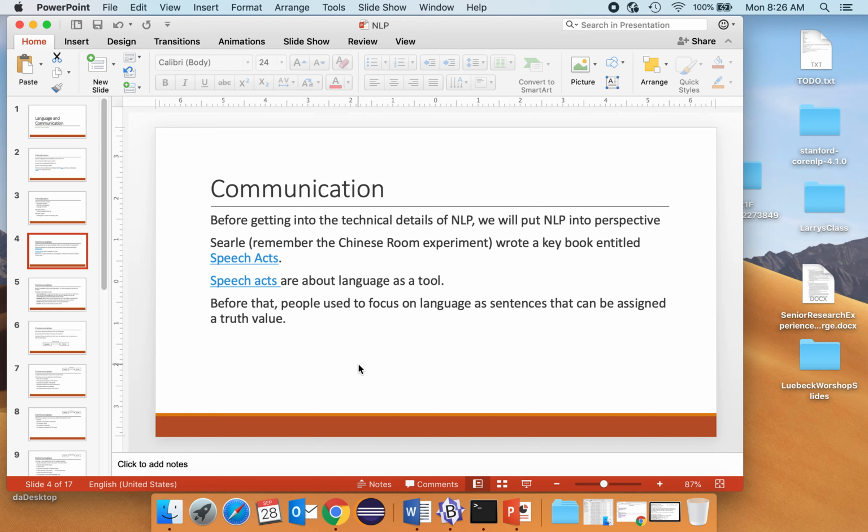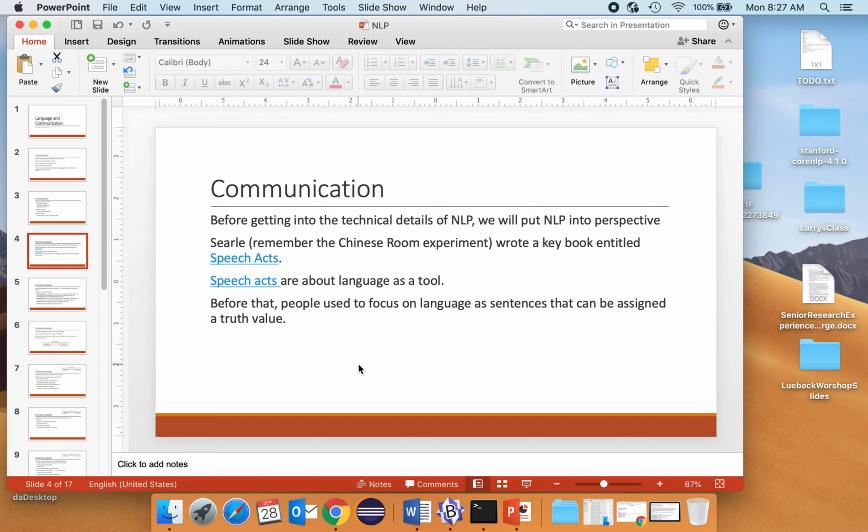So before we get into technical details of NLP, let's put NLP into perspective. So John Searle, we read his article in which he proposed the Chinese room experiment. He was part of a research movement that in the 60s investigated language, and pointed out that language is really a tool.